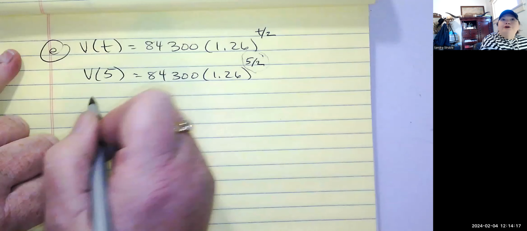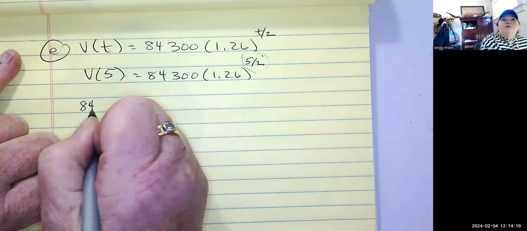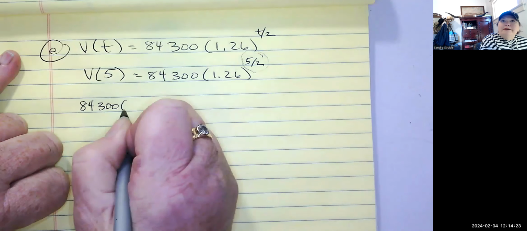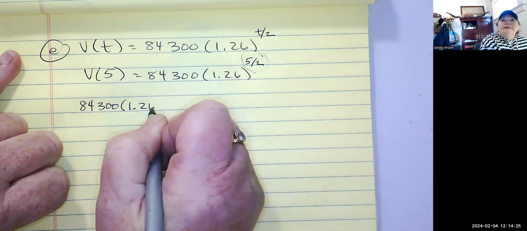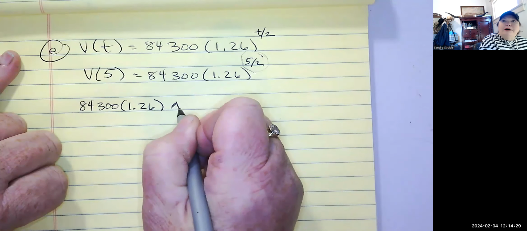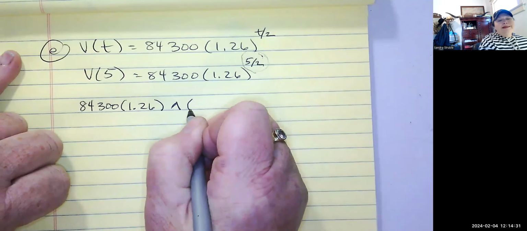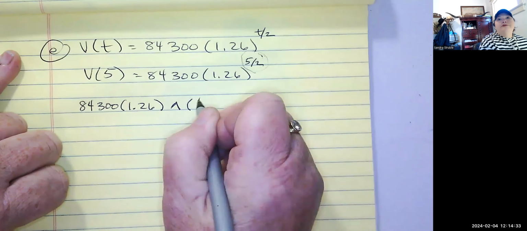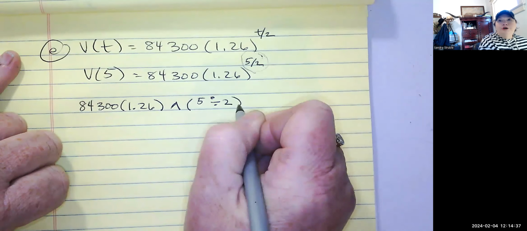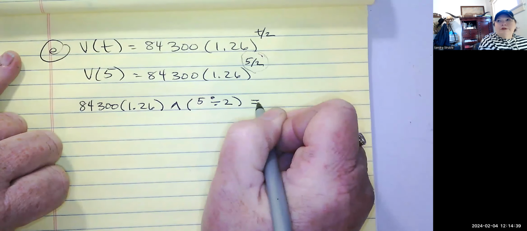In your calculator, you're going to type 84300, just like it is, open a parenthesis, 1.26, close parenthesis, caret, or whatever your exponent button is, open another parenthesis, 5 divided by 2, close parenthesis, equals.